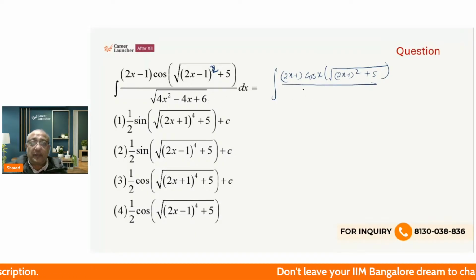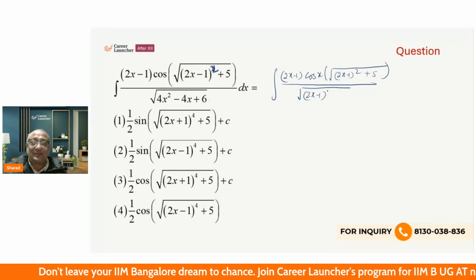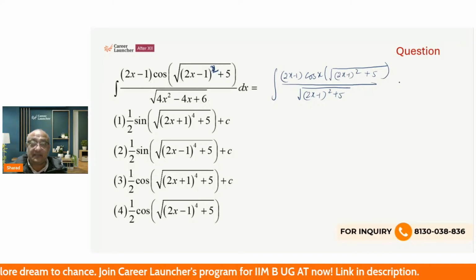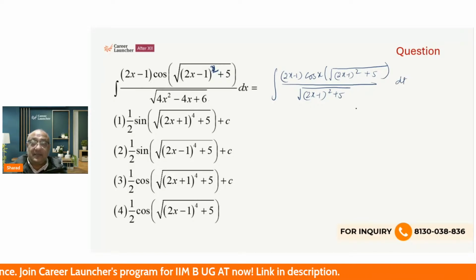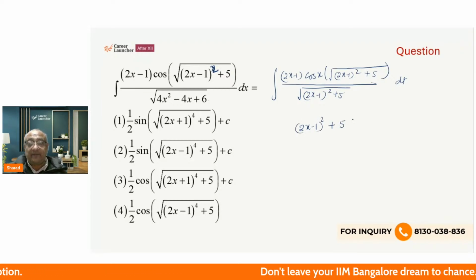This is the trick. This is nothing but 2x minus 1 whole square plus 5. So this is same. Yes, this is same.